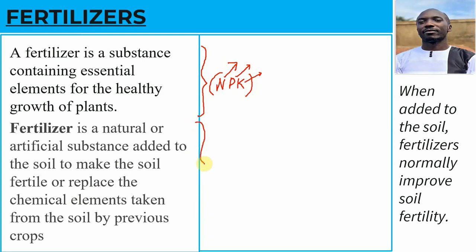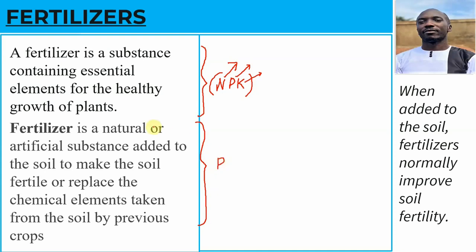For example, you might plant beans and they take phosphorus. I'm just assuming. So if they take the whole of the phosphorus from the soil, then you need to apply a fertilizer which contains phosphorus, so that the exhausted phosphorus can be replaced in the soil. That is, if the next crop you want to plant needs phosphorus.